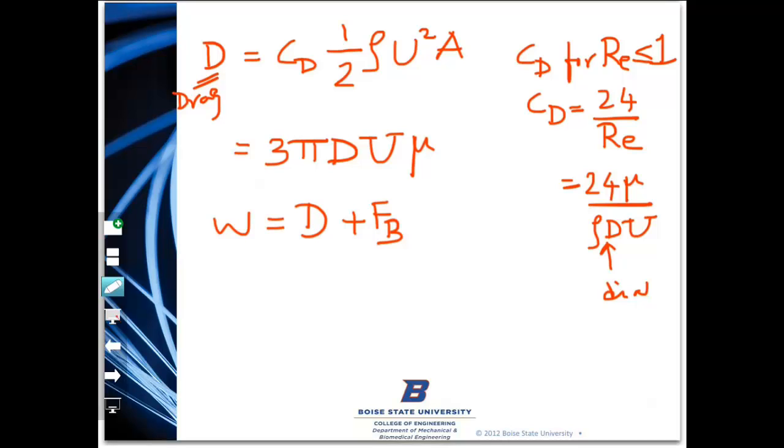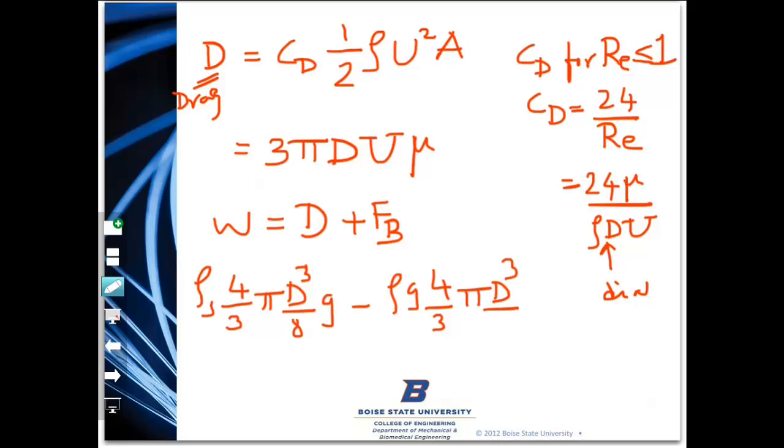So I get rho s 4/3 pi d cubed over 8 g minus rho g 4/3 pi d cubed over 8, if you get the buoyancy force onto the left hand side, and if you put in the drag on the right hand side.